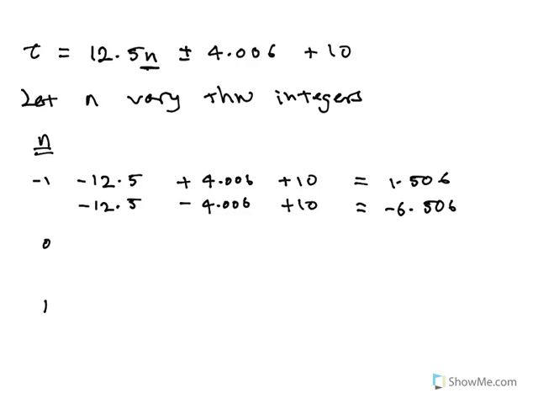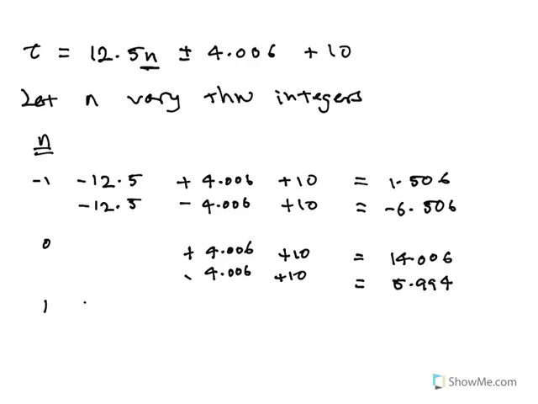When n is 0, 12.5 times 0 is 0, so I've got plus 4.006 plus 10, and minus 4.006 plus 10. So those answers are 14.006 and 5.994.